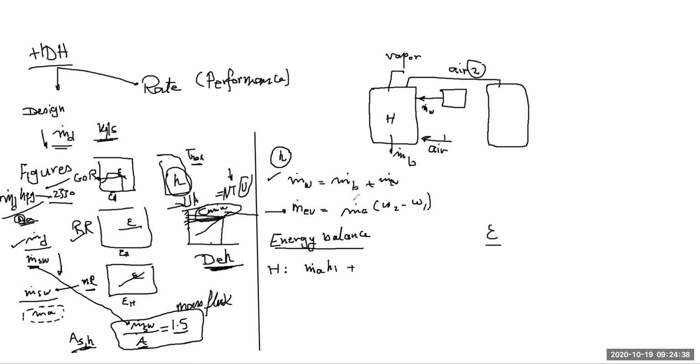We have water coming in, m dot water, H water. Let's call this 3. This is the energy in. The energy out is going to be m dot air, H air 2, and m dot water, H brine.